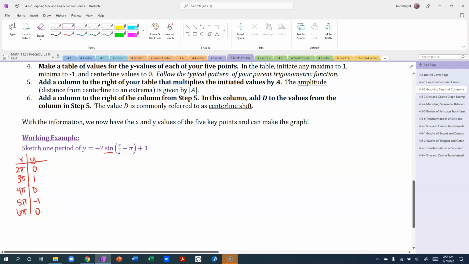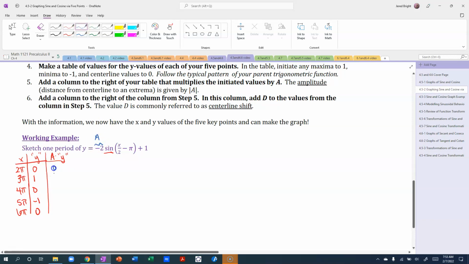Okay, so now, according to these steps, I make another column. So these aren't technically the y values, but I would start them at these values, and then let's just do y like this, and then I multiply those y values by a. So a here is -2.